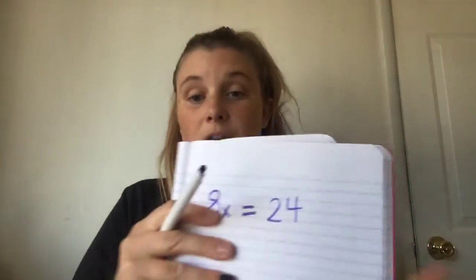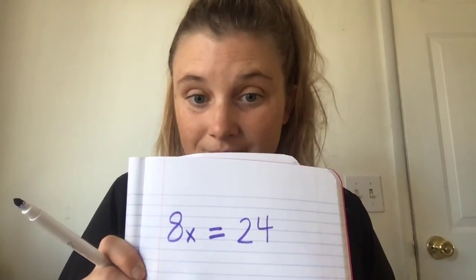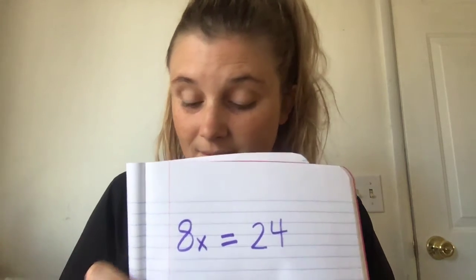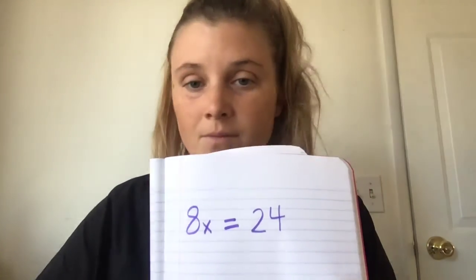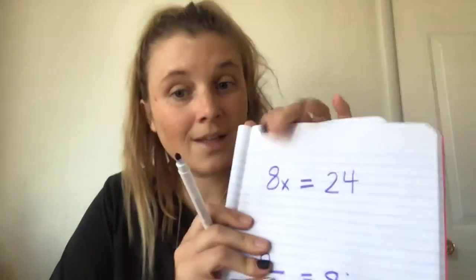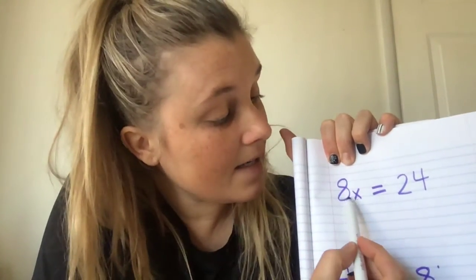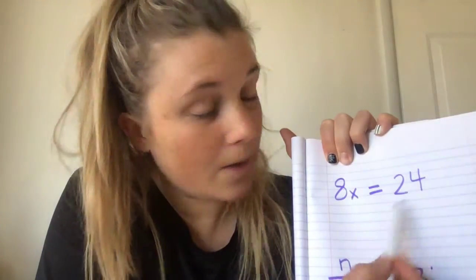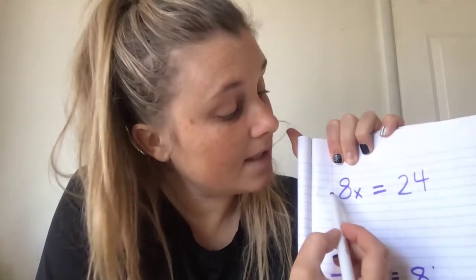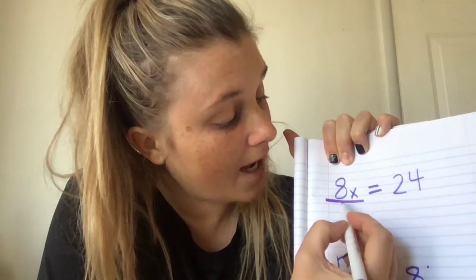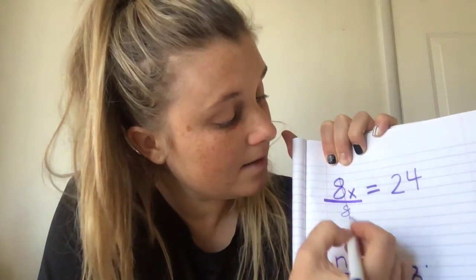Okay, grab your boogie board still. I want you to try this one for me. Can you try 8x equals 24? Okay, try that by yourself. Okay. 8 times by something equals 24. So let's divide each side by 8.